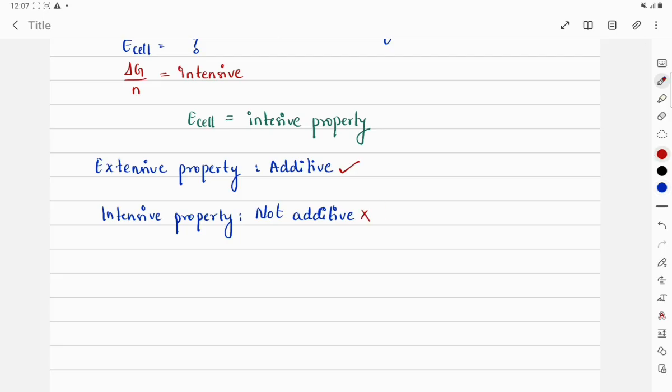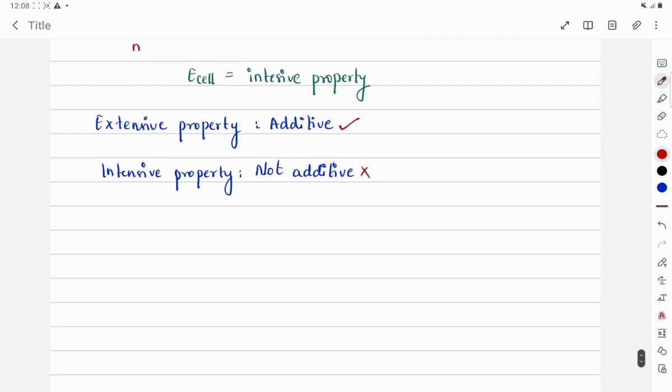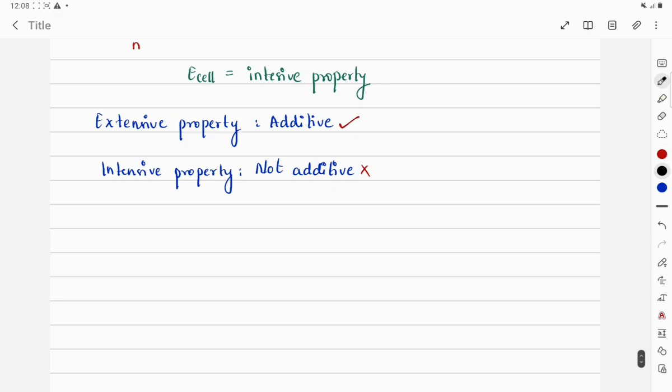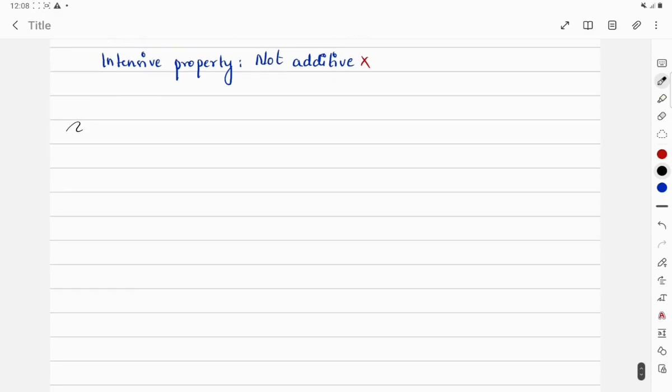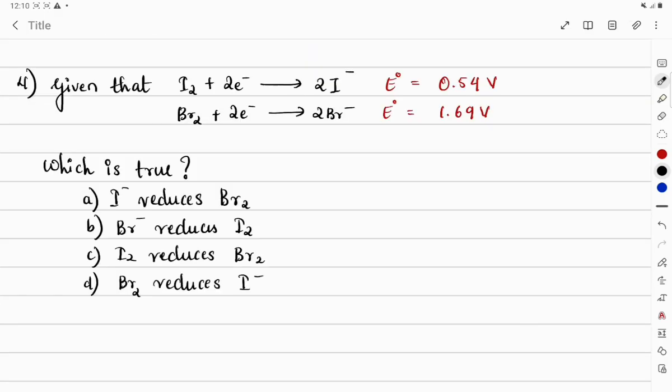Now, what is the relevance of these two things that I've learned just now? For that, we have to do one more question. So, this is the fourth question. Given that I2 plus 2 electrons gives 2 I minus, the electrode potential value is given. Br2 accepts 2 electrons giving 2 Br minus.